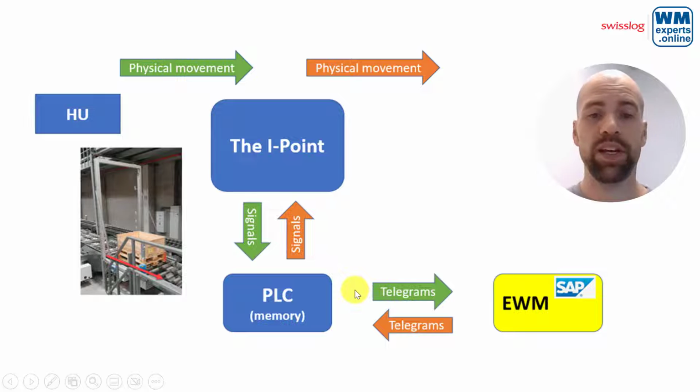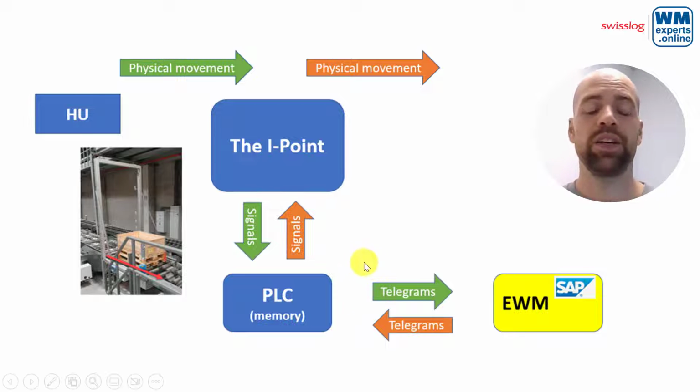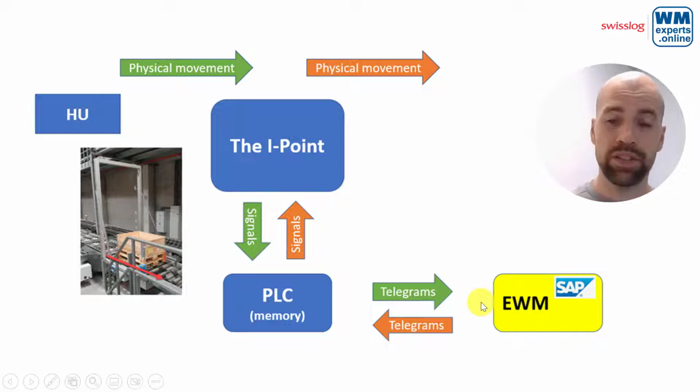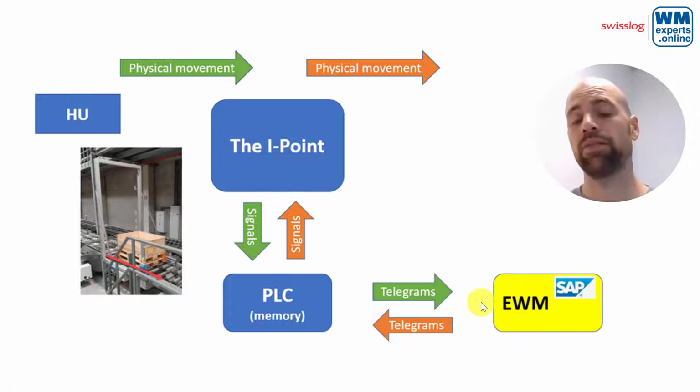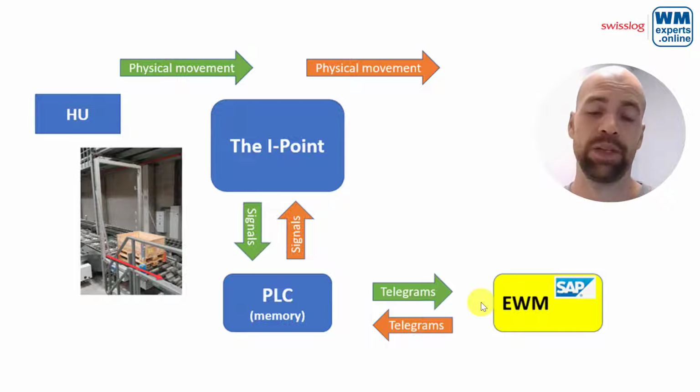In the example with the I point, there is data coming from profile checks and height checks and weight checks and pallet checks and all this stuff. The PLC puts it into a telegram and sends it to EWM. And then EWM processes the data, again triggers some follow-up actions, and among some other things, maybe creates a warehouse task to move the HU further.